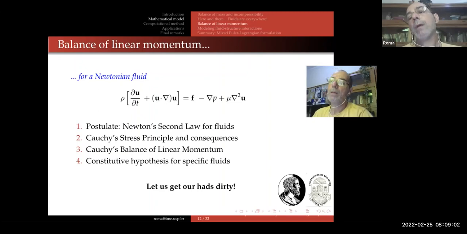With Stokes' postulates and assuming that the matrix depends linearly on the deformation of the fluid element, we finally could write the equation for the balance of momentum of a Newtonian fluid.